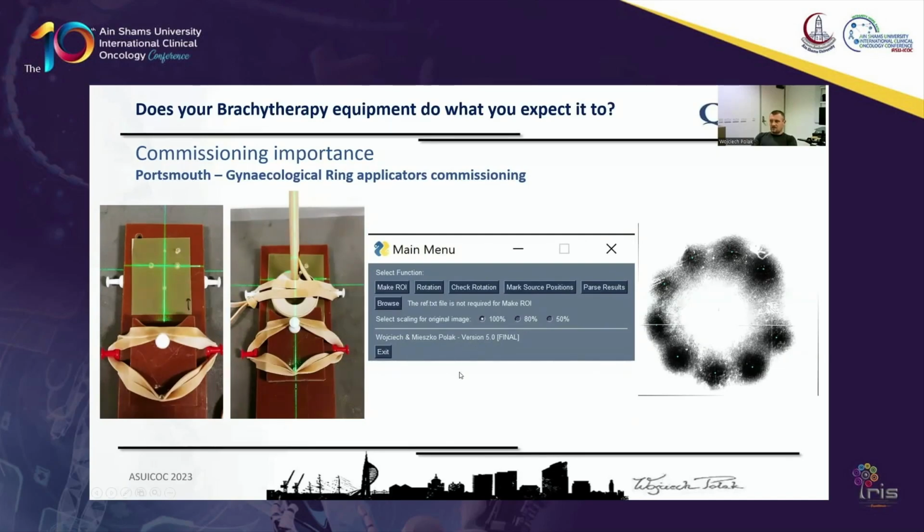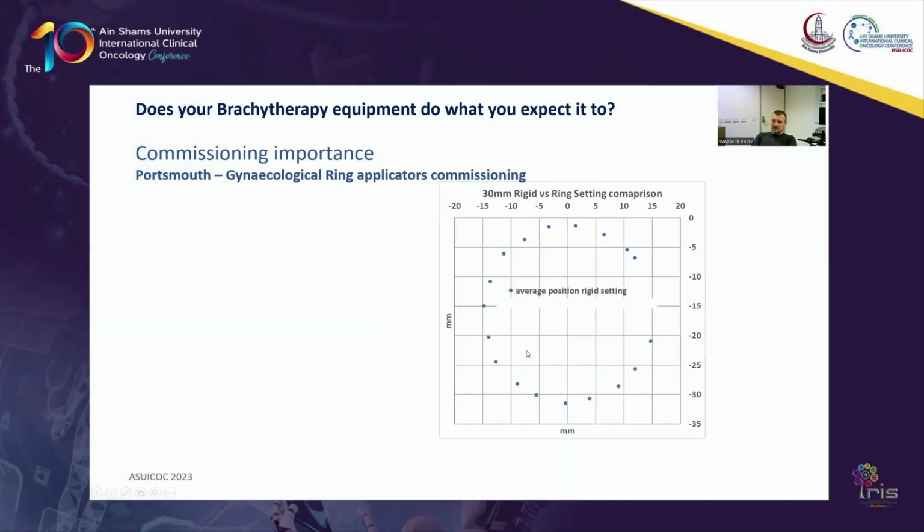We created a Python script that allows us to mark the source positions, and we tested that for single and multiple operators, and it operated consistently, within half a millimeter differences between the different operators for the same source positions.